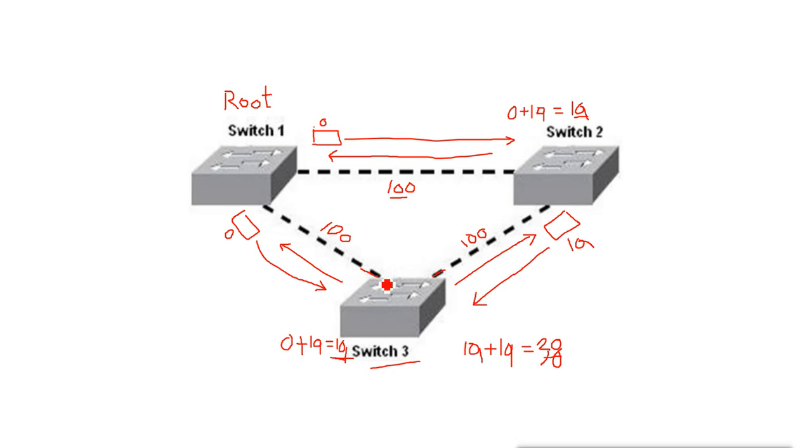Now among these two ports it has decided that this will be my root port, so it will remain active. But the port which has the longest path, and is still reaching the root bridge, it will consider this other link as a redundant link, and then it will block that redundant link.